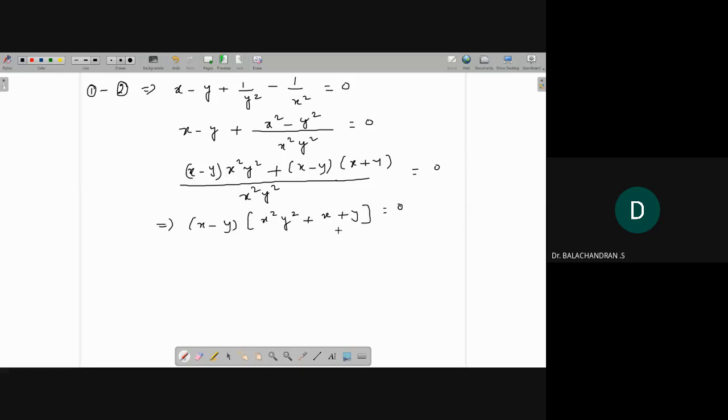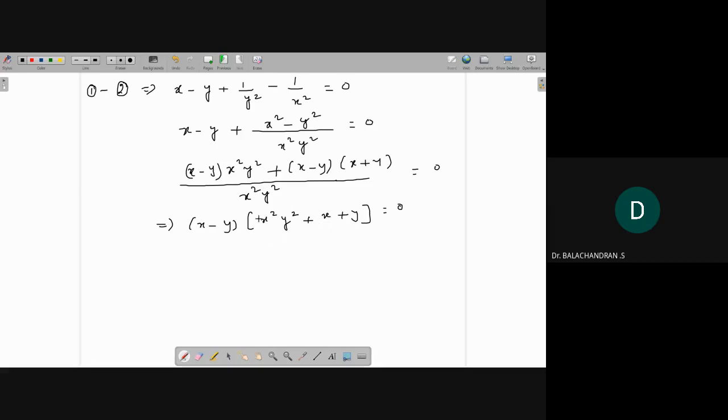So either this is equal to 0 or this is equal to 0. Okay. I neglect this one, because if you consider this as a quadratic in x or quadratic in y, the roots are complex. I think you'll check it. Otherwise, it is not in a nice form to find the values of x and y.